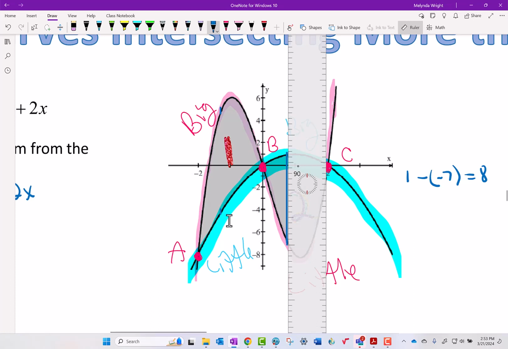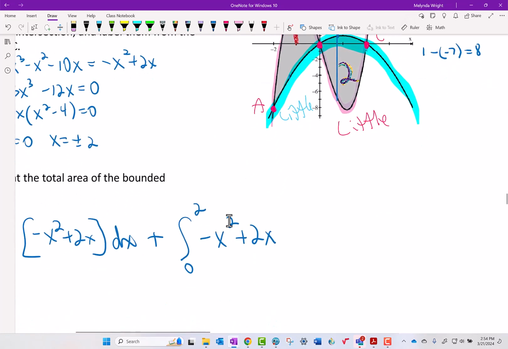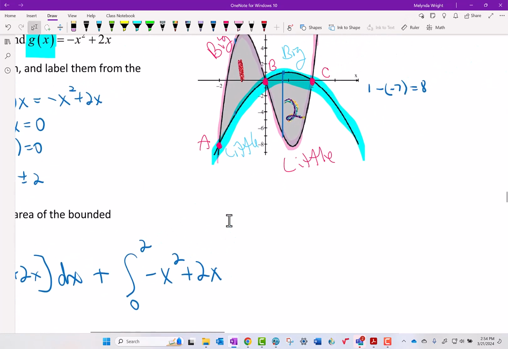Even though most of that is underneath the x-axis, it still shows, because it's area between curves, it's always going to show as positive. Okay, are we okay with that now? Do we understand why the big is on the top and the little one's on the bottom? Yeah. Okay. All right.